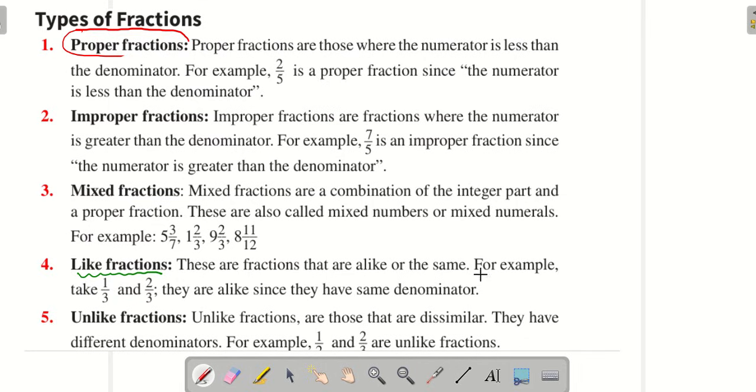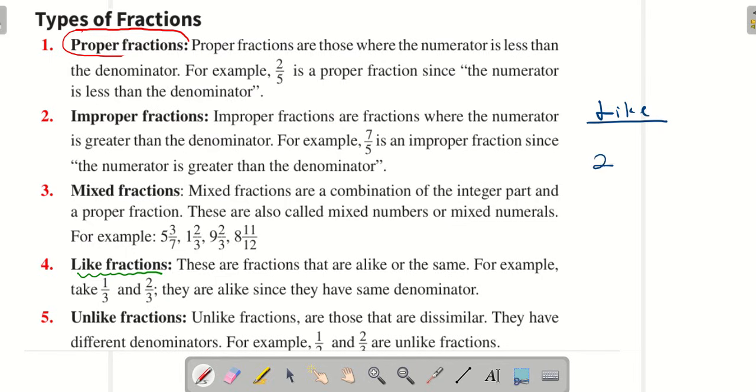For example, take 1 over 3 and 2 over 3. They are alike since they have the same denominator. So here we are saying that two fractions are like fractions if they have the same denominator.